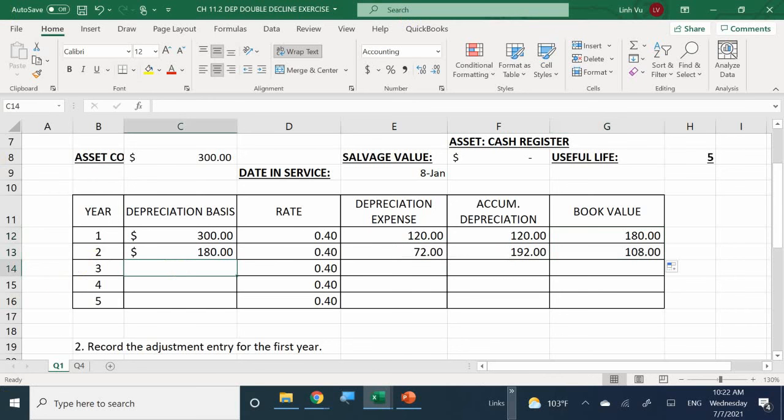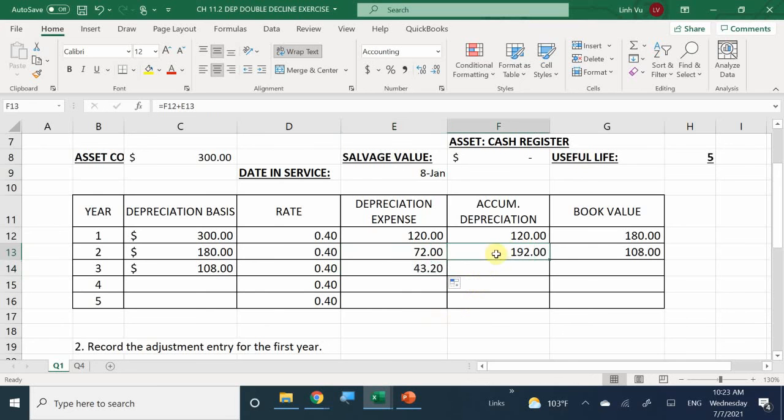So then what is going to be my depreciation basis for year 3? Same thing as my previous year's book value. Good, so 108. So what's 40% of 108? 43.20.